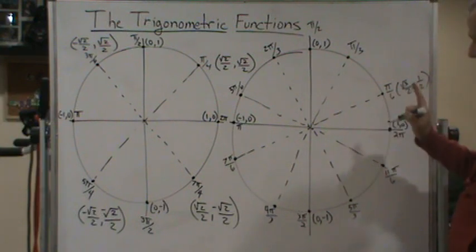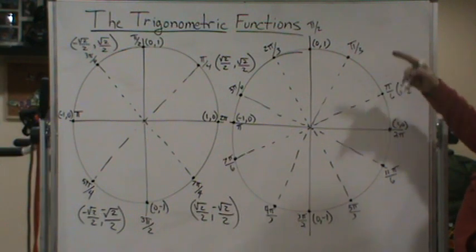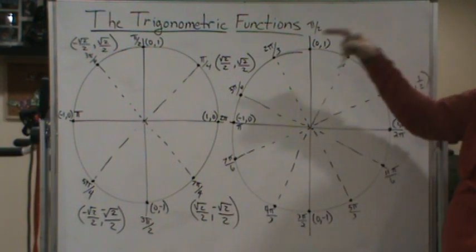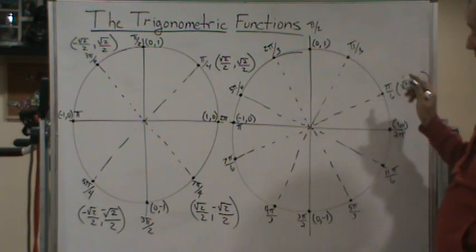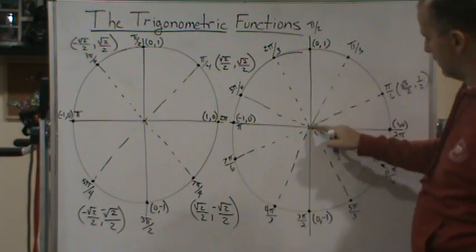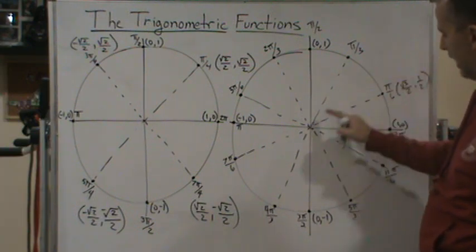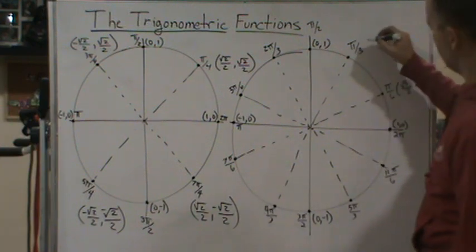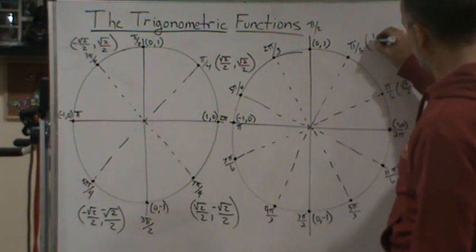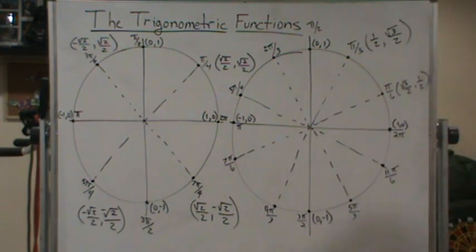So if you realize that, then to get from this point to this point, it's just the reciprocal. So it's the inverse. If this point is the reflection across y equals x, the identity line, then all we're going to do is flip the coordinates. So it'll be 1/2 comma square root of 3 over 2.